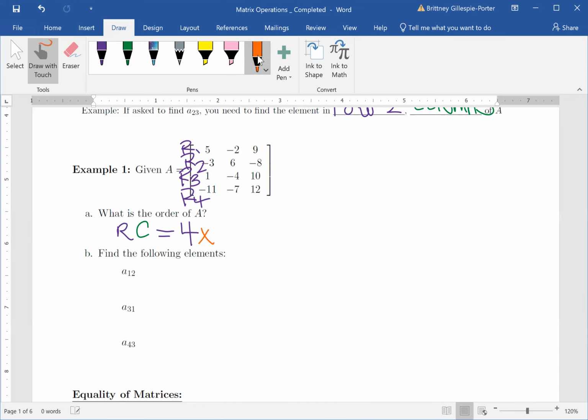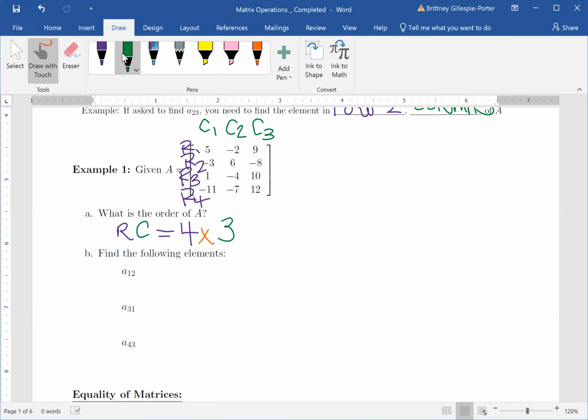We need to figure out how many columns. Starting at the left, working our way to the right, we have column 1, column 2, and column 3, which means that we have 3 columns.